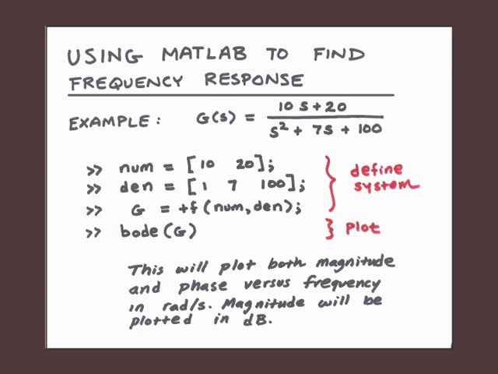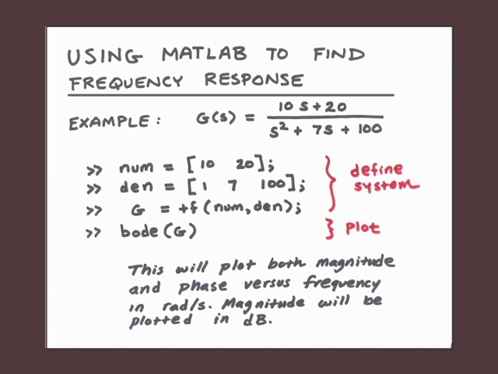Then, in a similar fashion, I define the denominator polynomial: den = [1 7 100]. And then I define the transfer function as the ratio of those two: G = tf(num, den). So we've defined the system with those first three commands.